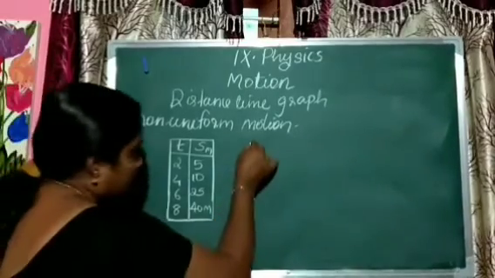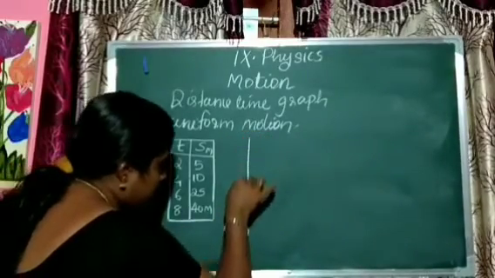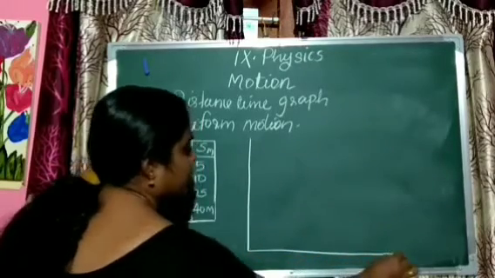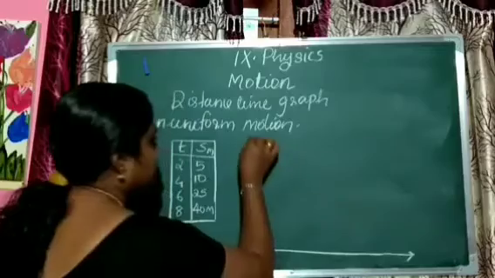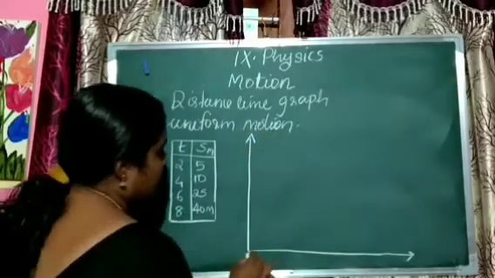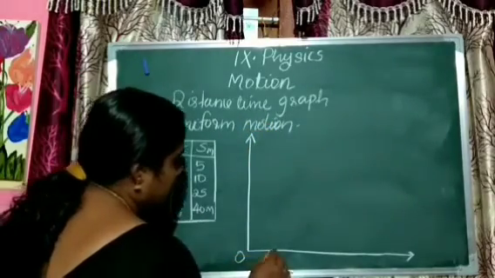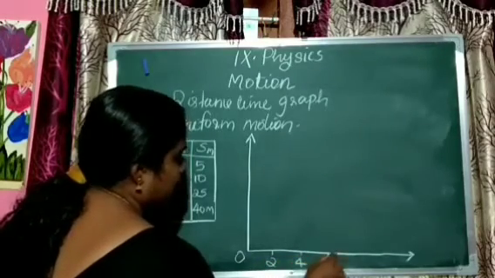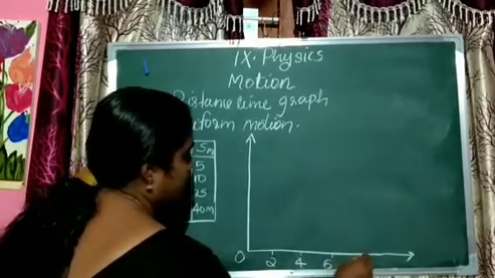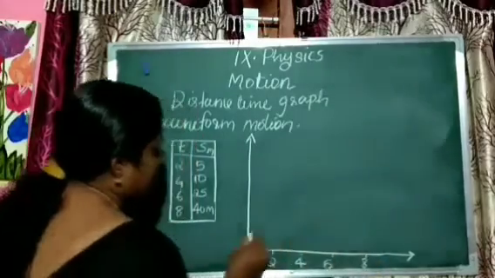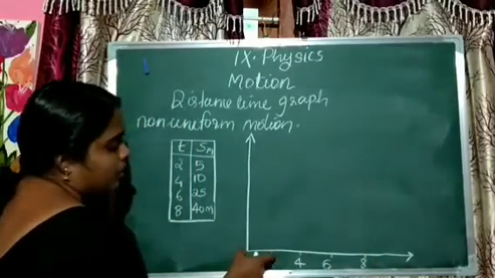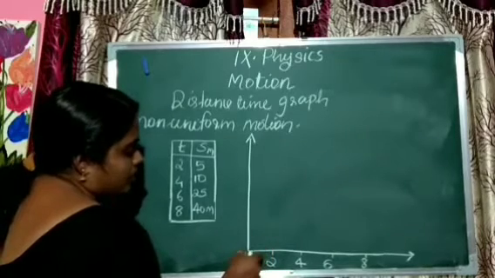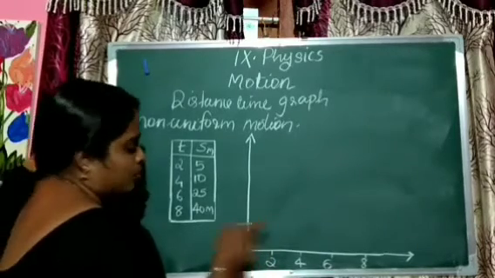The same way we can plot the graph like this. So for non-uniform motion, we have 2 seconds, 4 seconds, 6 seconds and 8 seconds. Here the scale of the graph is 1 centimeter equal to 2 seconds.